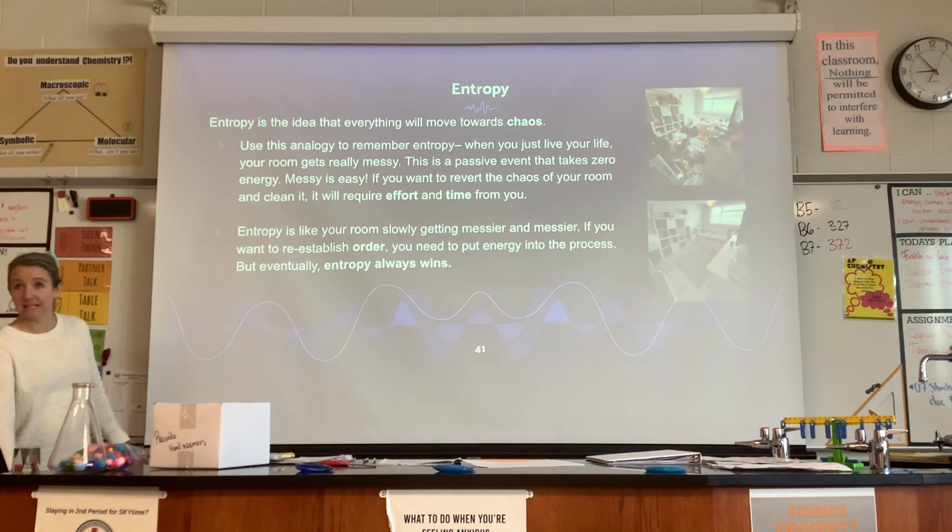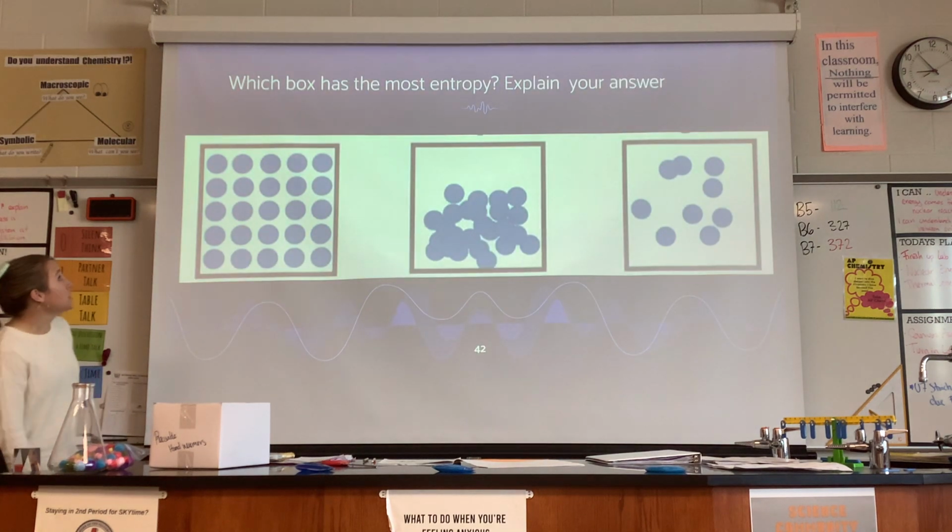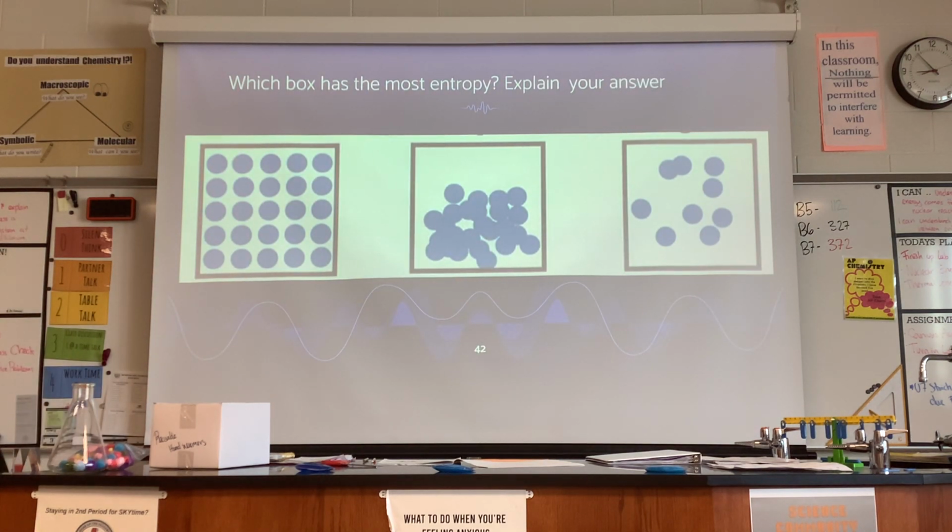Okay, everybody wave your hand if you're not ready. Okay, so in these three, don't say it out loud, we'll call them A, B, C. Which one would you classify as having the most entropy? Put it on your board real quick. Which one has the most entropy?